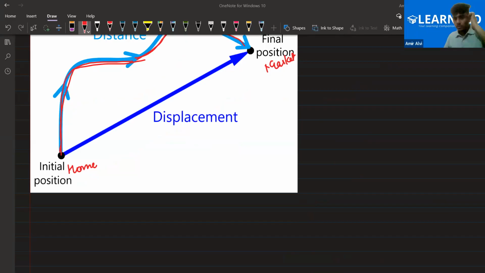So kilometer is the unit, but the SI unit that we use, which is internationally used, is meter. So always remember that distance is measured in meter. Clear? Yes, sir. Good.